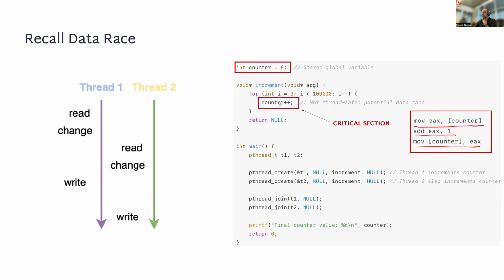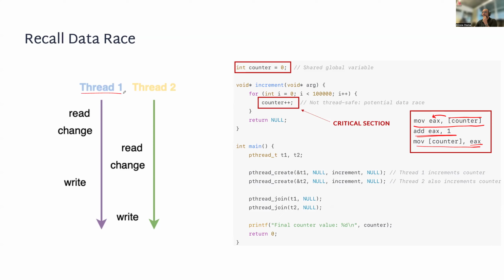Each thread performs 3 operations. They first read the value of the counter variable into the register, right? They increment it by 1, and then they write it back, right? But depending on the context switch and the operating system, they do it at different times, right?